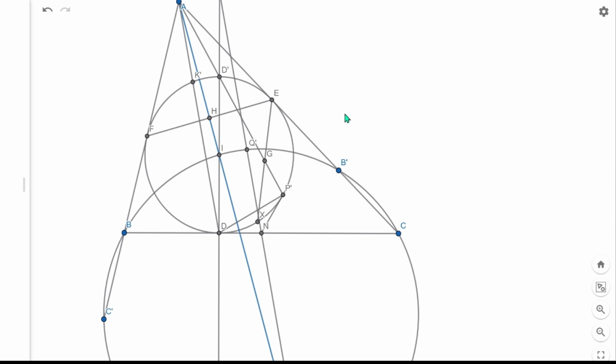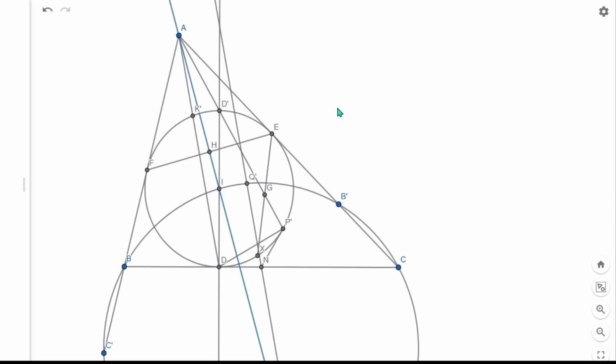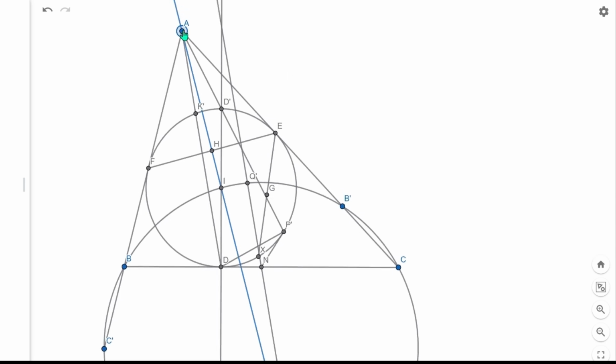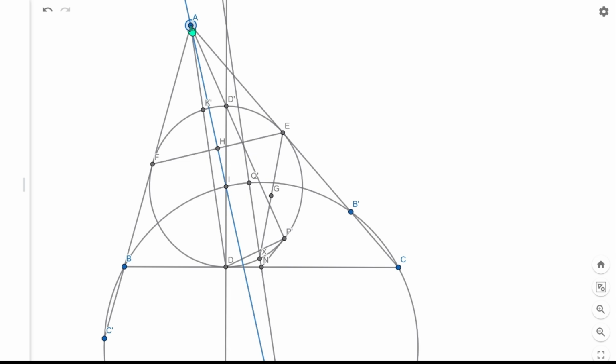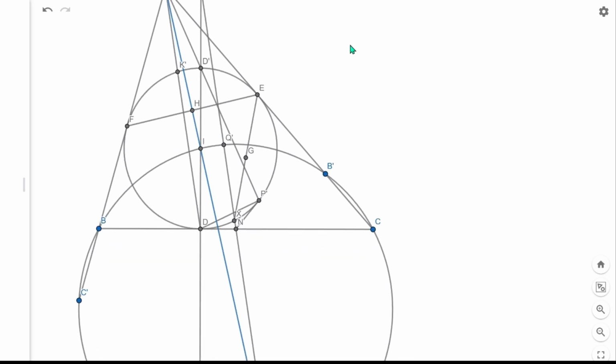And then note that G does not lie on D prime, P prime, as you can see here if I move this point A. And then the point E just gets sent to itself. The point P prime gets sent to itself, and the point Q prime, we'll have to figure out where that gets sent.